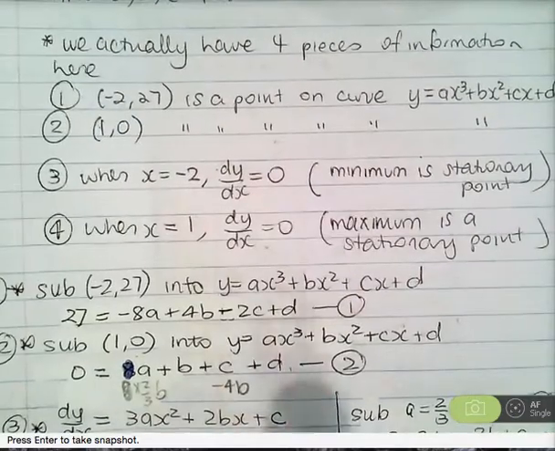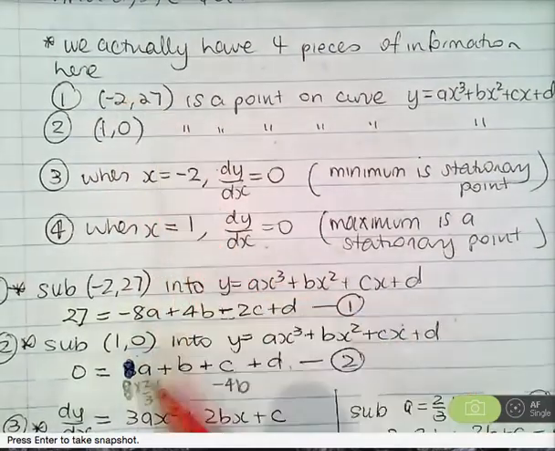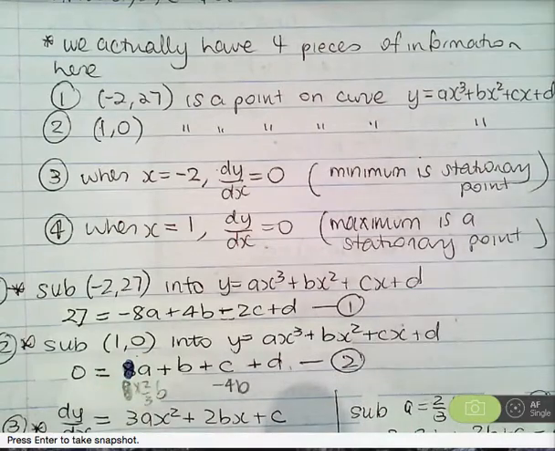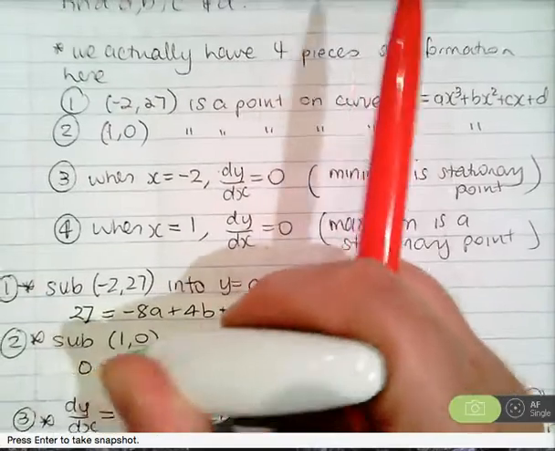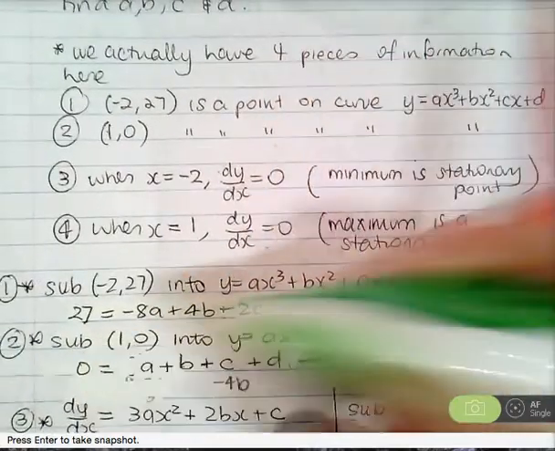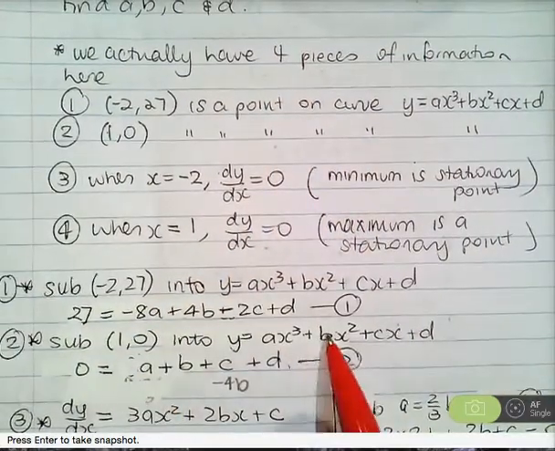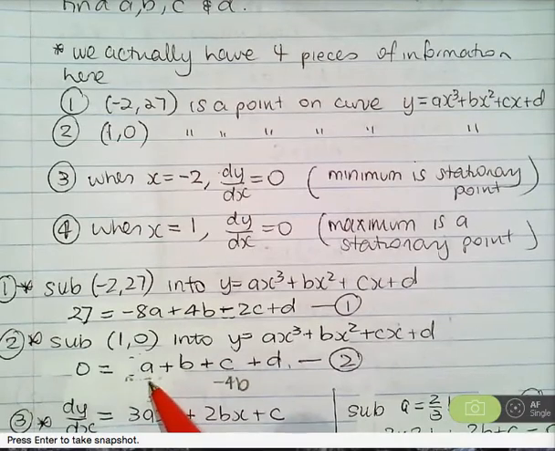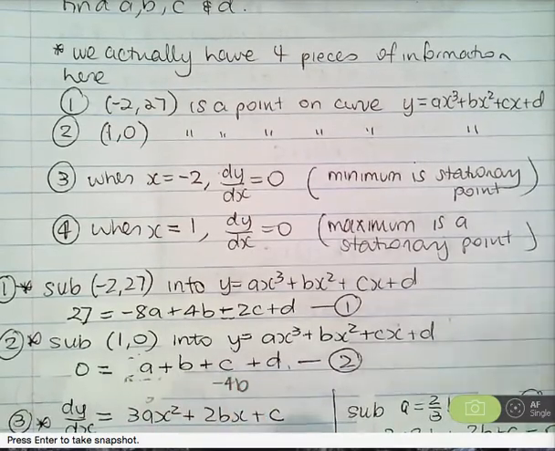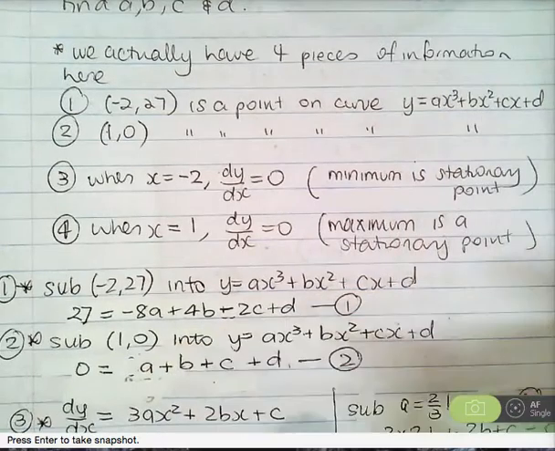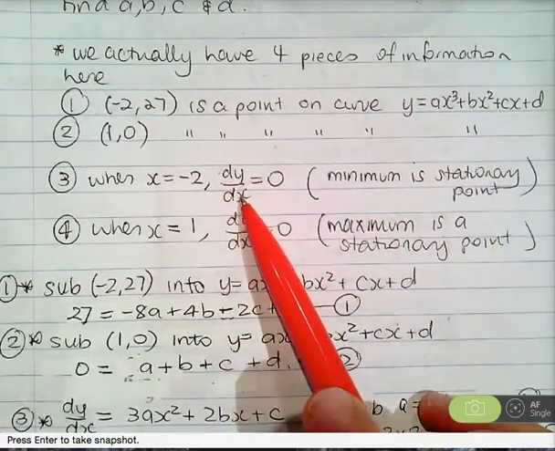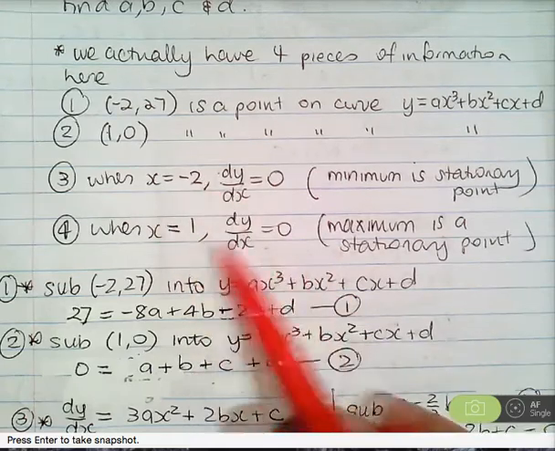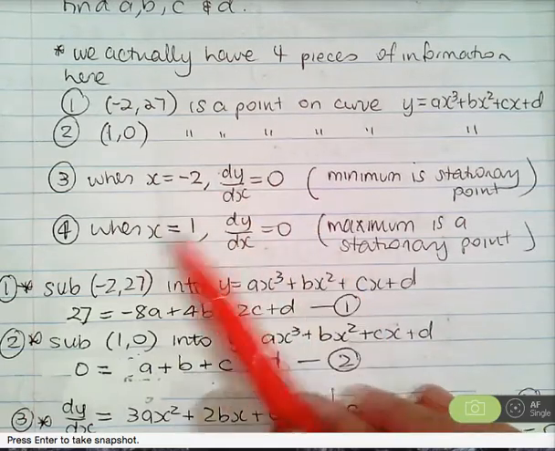So we start with substituting the negative 2, 27 into the equation, and we get this. Okay, so you can do that. Then we substitute 1, 0 into the equation, and we get 0 is a plus b plus c plus d. Then we use our 3rd piece of information about the first derivative being 0 when x is negative 2, and the first derivative being 0 when x is 1.